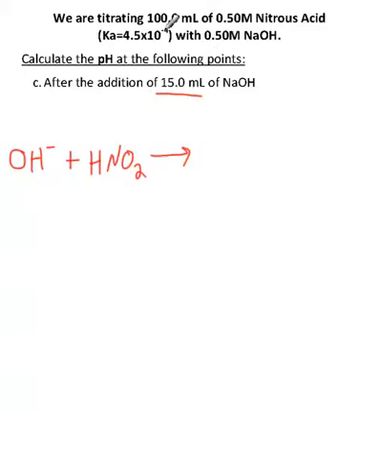And I can tell just by looking at this, since they're the exact same molarity, I know that 15 milliliters of NaOH is going to run out before the 100 milliliters of the acid does. So, as I think about this problem, this OH- is going to pluck this H away to make a water, and then we're going to be left with an NO2- ion.